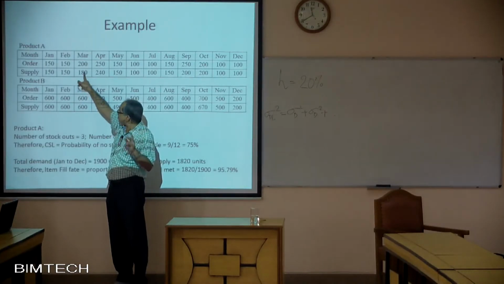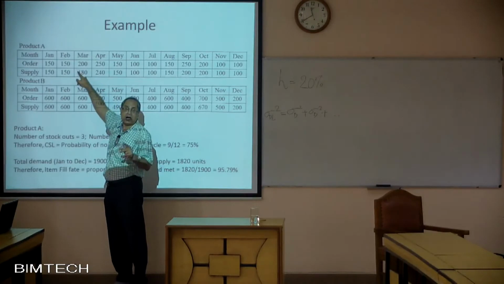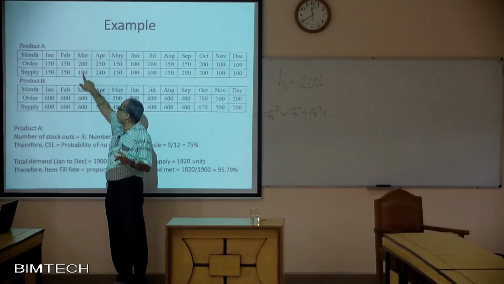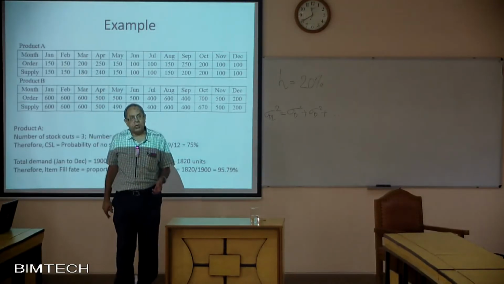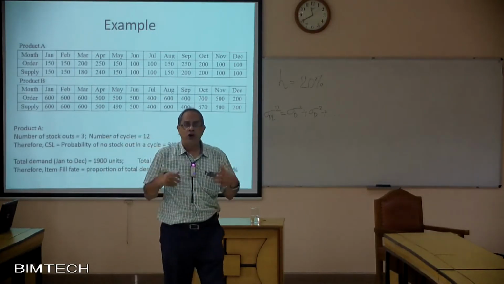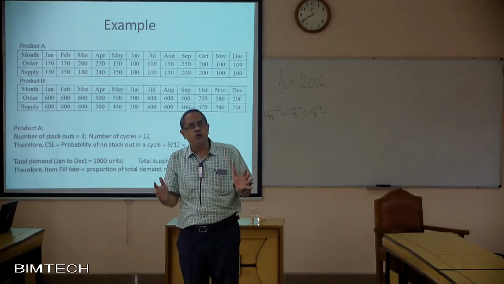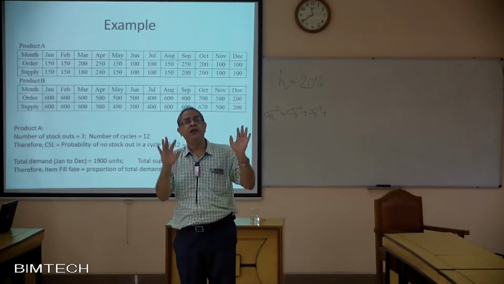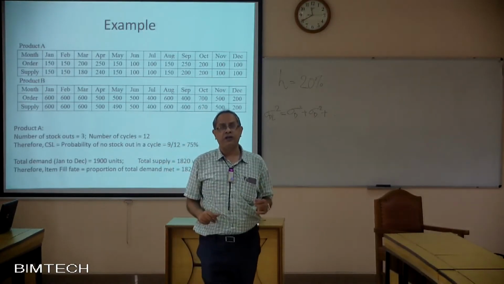Whereas from an item fill rate perspective, we actually met 90% of the total demand. This is 180 and this is 200. So we met 90% of the total demand. So what if we stocked out? For periods where you stock out, even if you fill 99.99% of the demand, you will stock out.